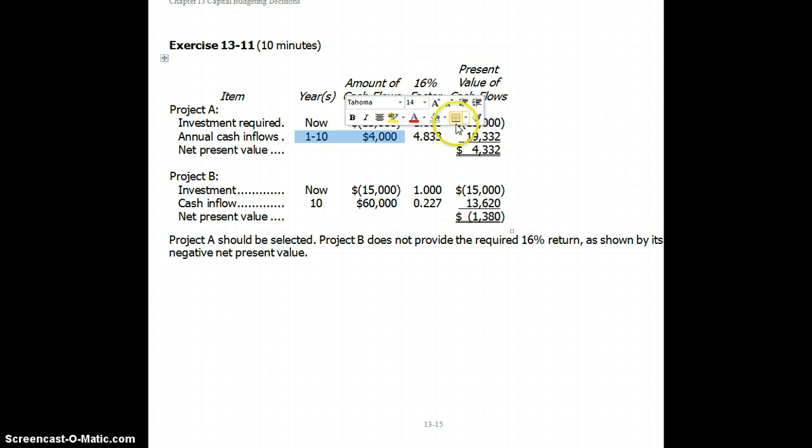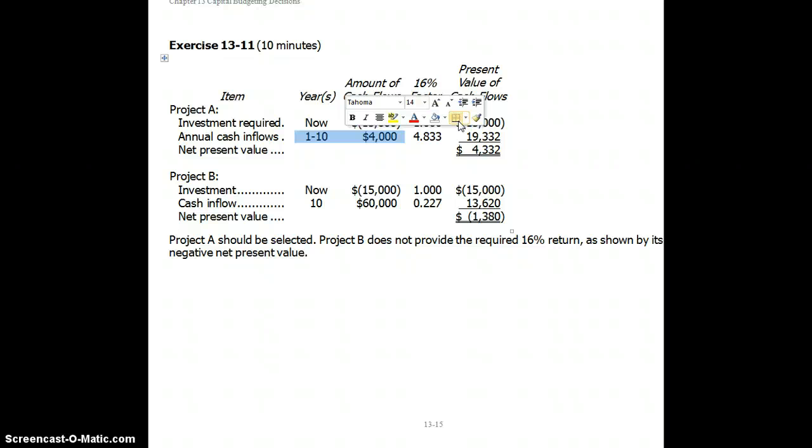When we go to the table at the end of Chapter 13 on page 630, present value of an annuity, we can see that the discount rate is 16%, number of periods is 10. So on Exhibit 13B2, we would go across to 16%, down to 10 periods, and see the factor 4.833.